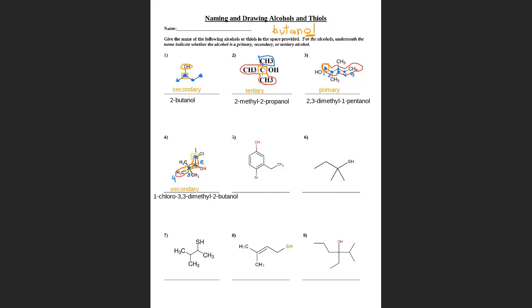So anytime you have a 6-membered ring that looks kind of like cyclohexane, except it has alternating double and single bonds, that means it's an aromatic ring called benzene. Now, when benzene is attached to certain other functional groups, it gets different names. And the name of benzene when it's attached to an alcohol is phenol.